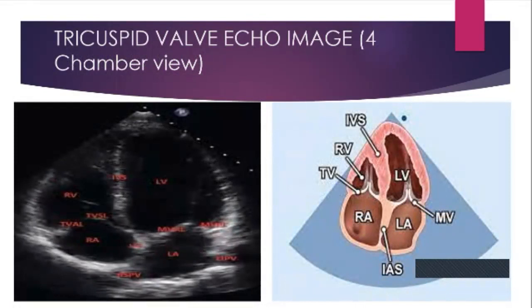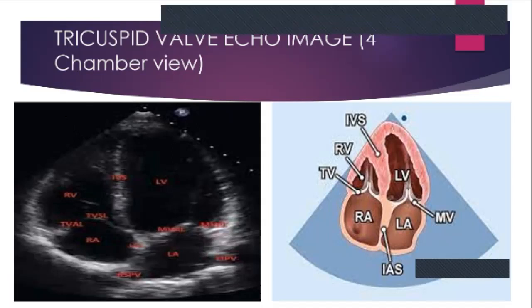You can see the interventricular septum, left ventricle, tricuspid valve, right atrium, left atrium, interventricular septum, mitral valve, and left ventricle. This is how it is, and exactly the same here. It is very well visible in the four-chamber view.